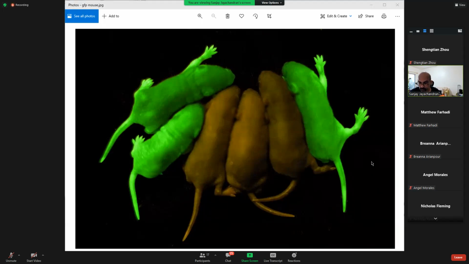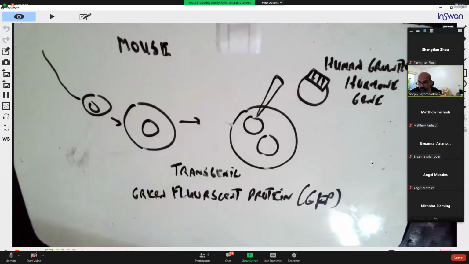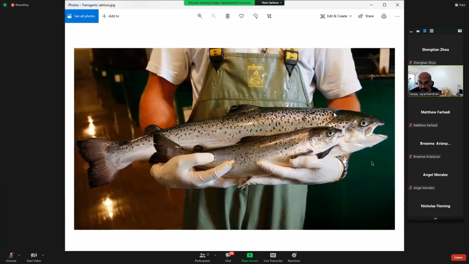is I can also do it with fish. So, transgenic salmon, normal salmon, growth hormone gene salmon. Now we're talking about food here, so a different ballgame. Make sense? So these are your genetically modified foods.